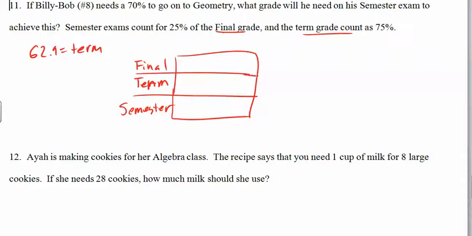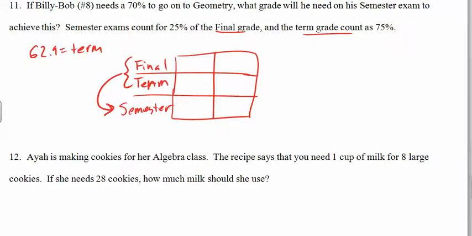So it is a mixture. It's just like all the other mixture problems where you're mixing peanuts or cookies or candy or chemicals or whatever else it may be. It's still just a mixture. So these two are getting mixed together and resulting in that. In the previous question, we took the concept checks, the quizzes, and the celebration tests, and we put those all together to get the term grade.